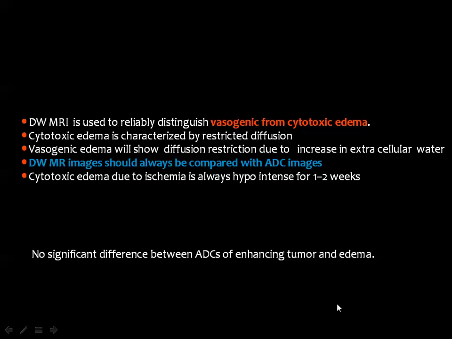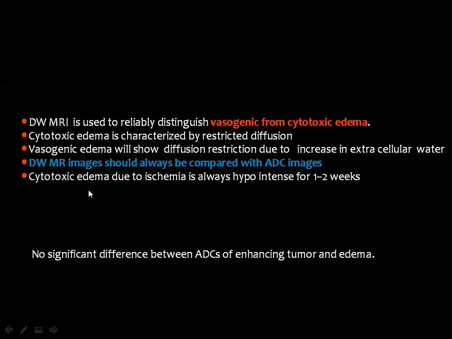Then MRI per se cannot usually differentiate vasogenic from cytotoxic edema, but the diffusion weighted image can differentiate them, because vasogenic edema will show diffusion free, and the cytotoxic edema will show diffusion restriction.